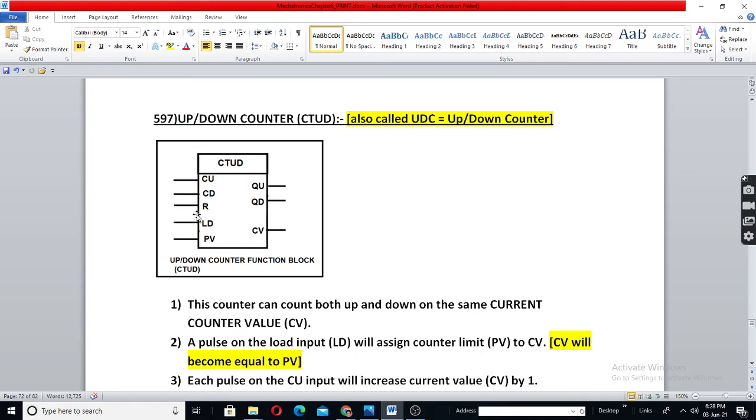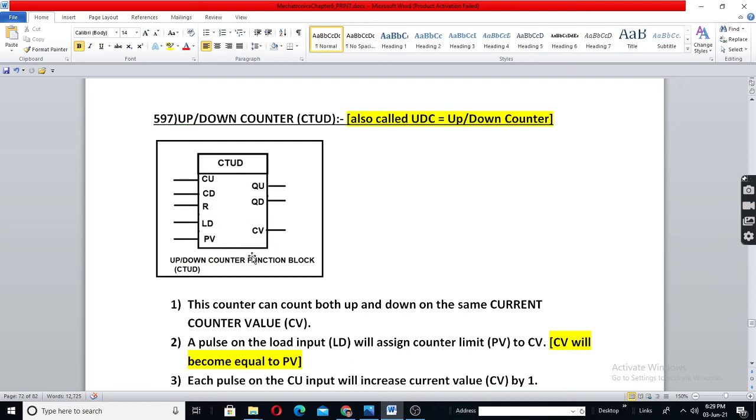If a reset pulse is applied, QU will become 0, as well as CV will become 0, because it is up counting. Reset is used for the up counter. Load is used for the down counter. When load is applied, QD will become 0 and CV will be loaded by PV, say 15.